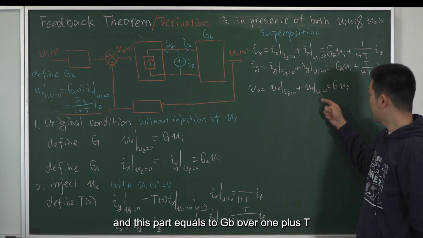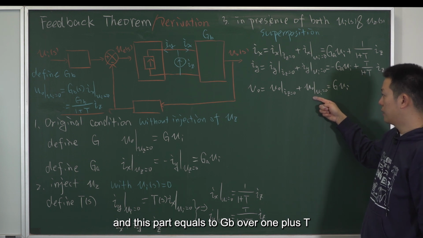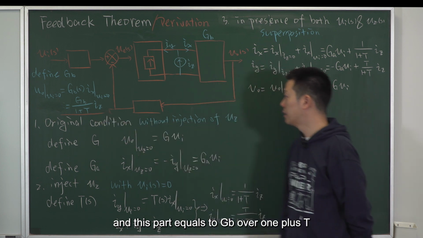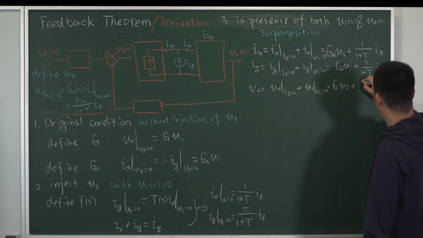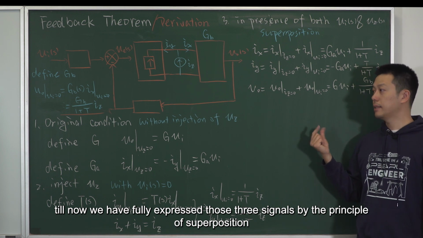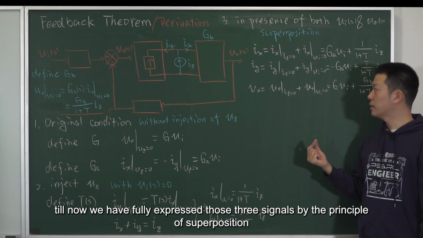And this part equals to GB over 1 plus T Iz. Till now, we have fully expressed those three signals by the principle of superposition.